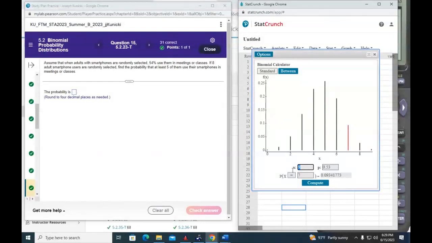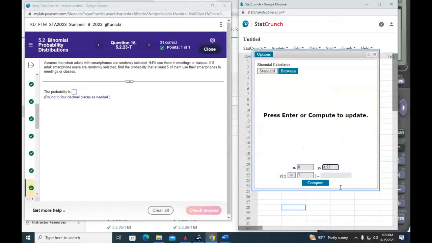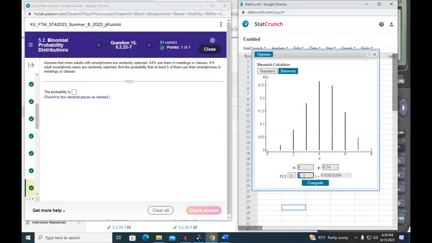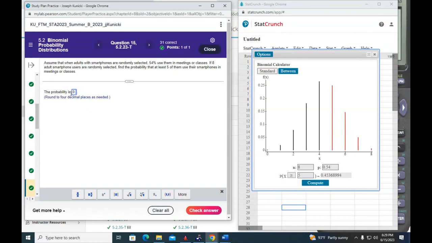So 8 smartphone users, and now the percent is 54 instead of 53. At least 5. So that's greater than or equal to 5. Compute. So see, it's lit up 5, 6, 7, and 8. And the total is 0.4537. 4 decimal places.